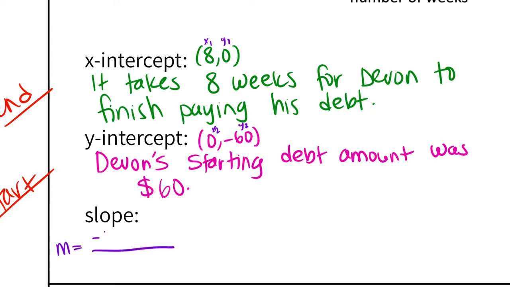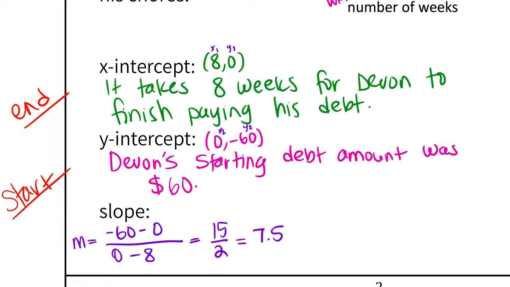So I would have -60 minus 0 over 0 minus 8. When I put this into the calculator, I get 15 over 2. And that's correct. But in this situation, it might be better to write it as a decimal. So if you do Control-Enter, you'll get 7.5.